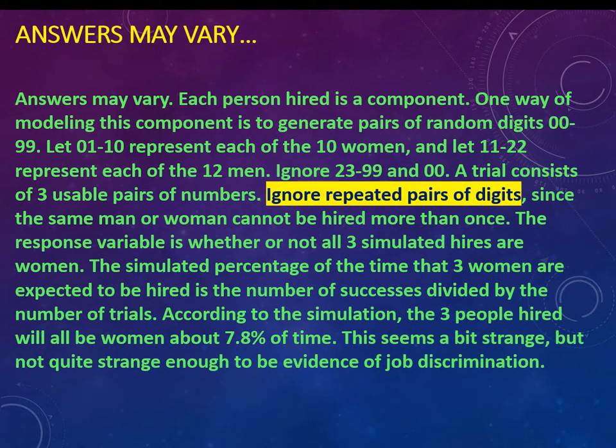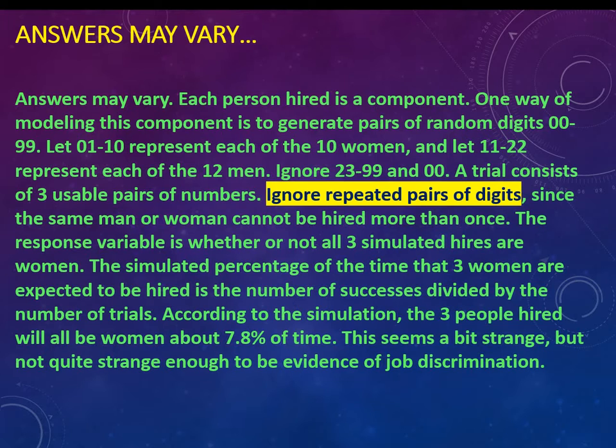Okay. So here's my answer, all typed out because I hate sitting there writing for you. And again, you would not need to write all of this. I would say let each number from 1 through 22 represent a person hired or an applicant. Okay?